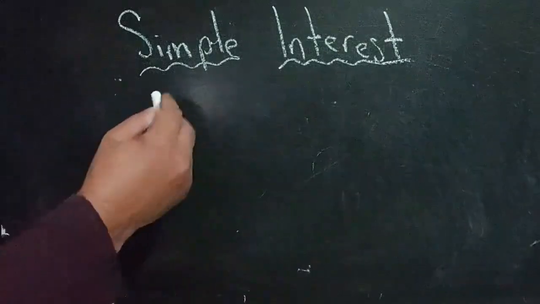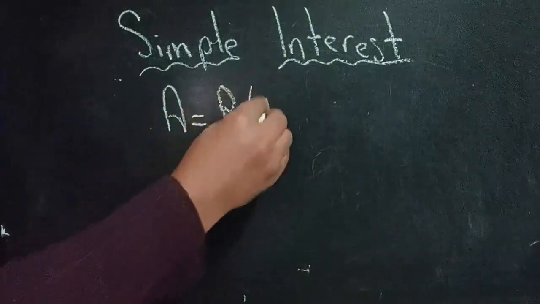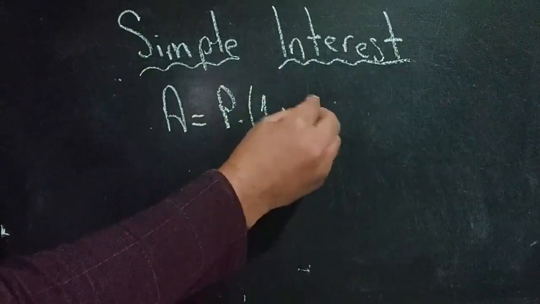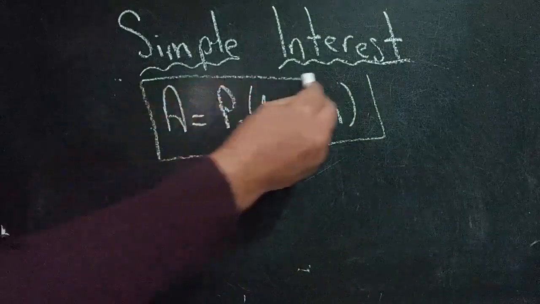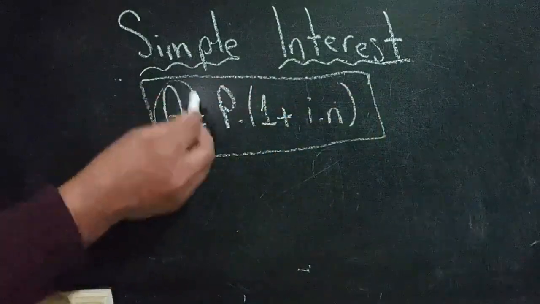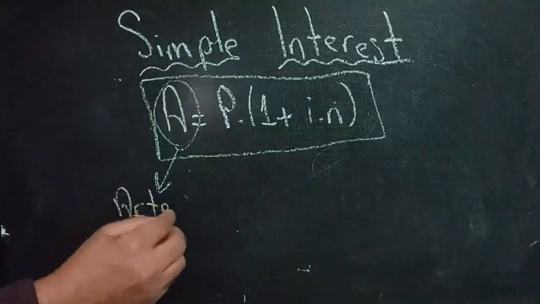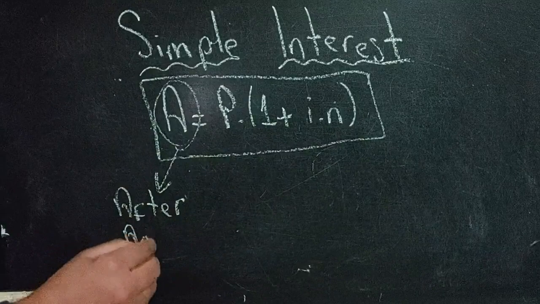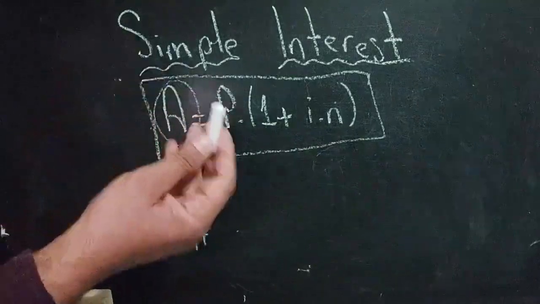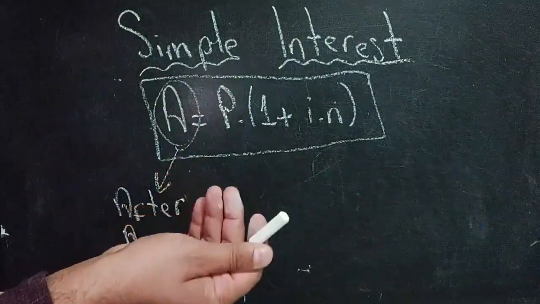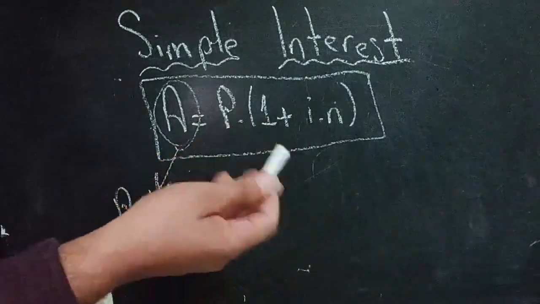The formula is A equals P times (1 plus I times N). This is my formula. So what do they mean? A means after amount. That means the money you invest or deposit into an account, anything.